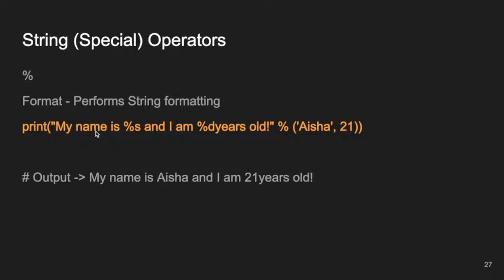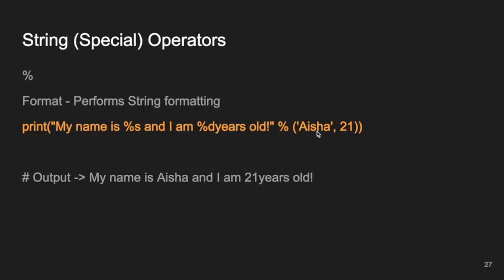If, for example, I want to pass these two variables inside a message, I can print my name is %s and I am %d years old. Here we are expecting a string, and here we are expecting an integer. Then you use another %, and you pass the variables for each of those.